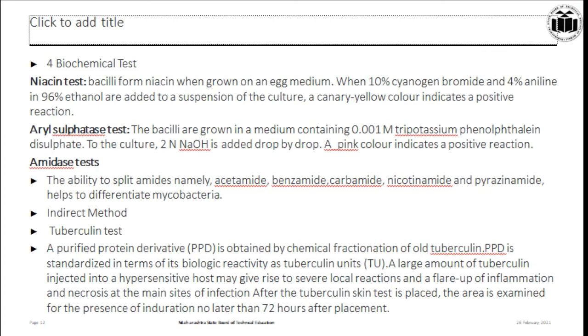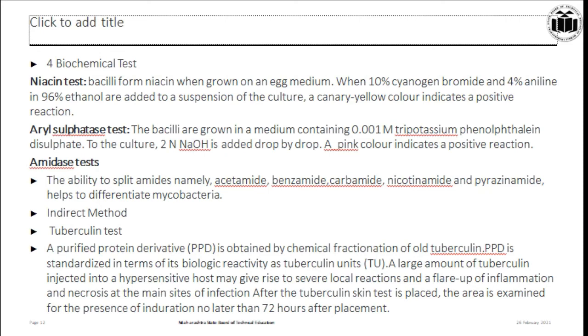For that, the biochemical test which is used is the niacin test. Now what comes under the niacin test? In the niacin test, the organism is grown, and 10% cyanogen bromide and 4% aniline in 96% ethanol is added on that grown culture.